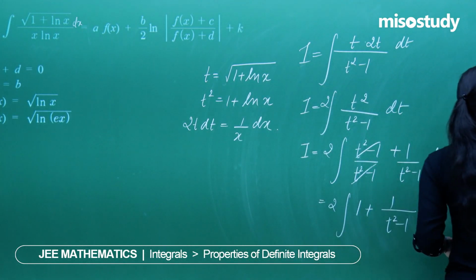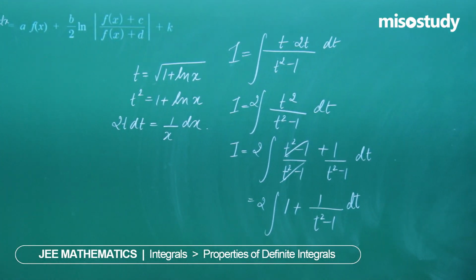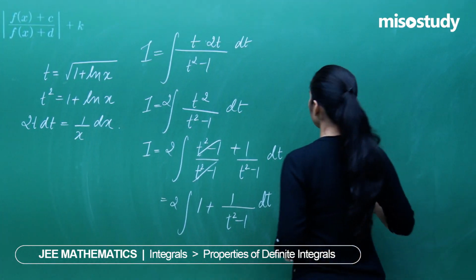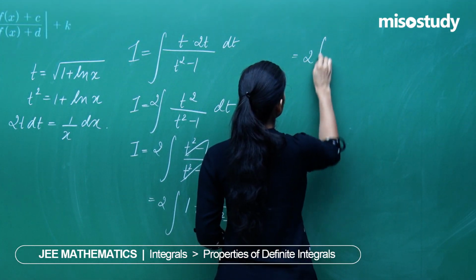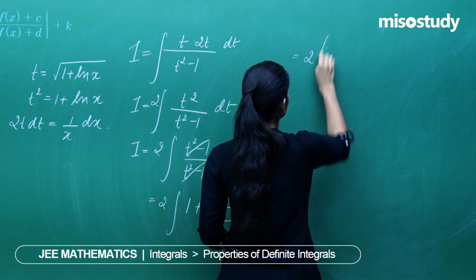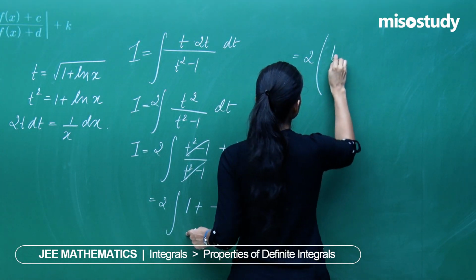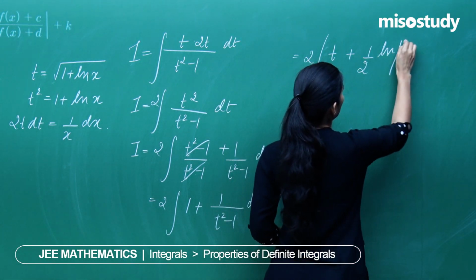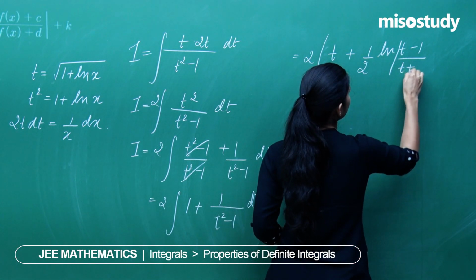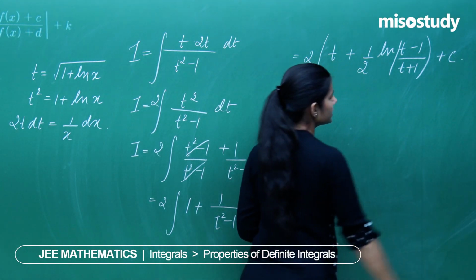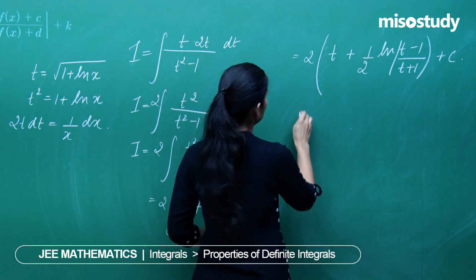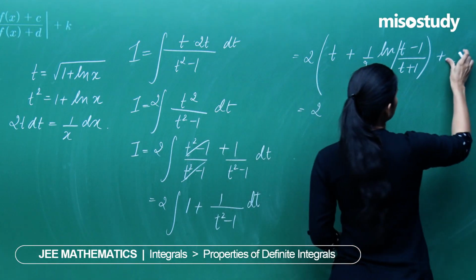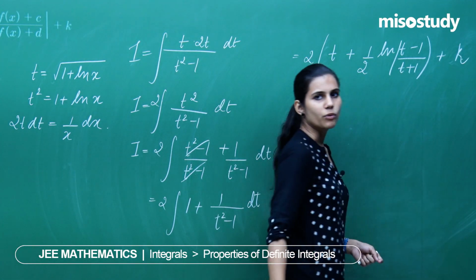Now what you have next is, after this step, you have direct formula with you. Integration of 1 dt is t, plus 1 by 2 ln of mod of t minus 1 upon t plus 1, plus c. Not a problem. So this eventually becomes, or let me keep it as a k because that is what is given in the question.